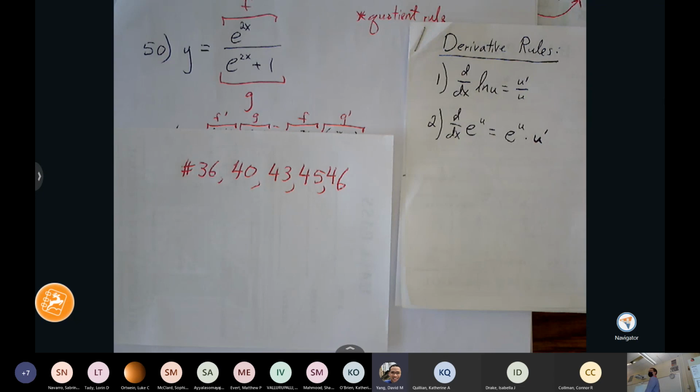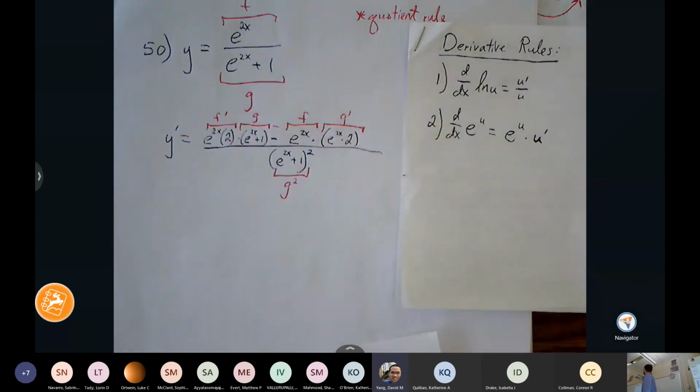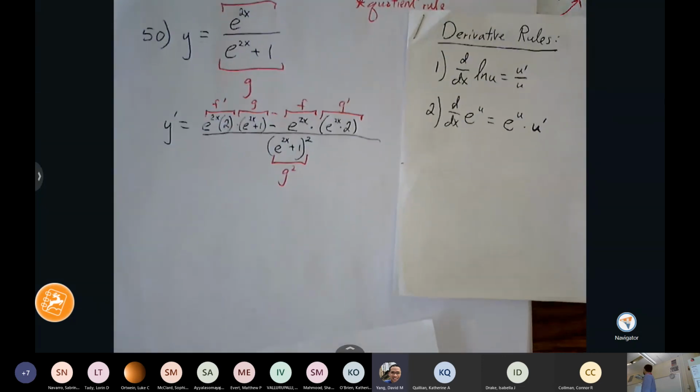Now, once you find the derivative, let's not worry about cleaning up. You can just leave your derivative unsimplified. Any questions?